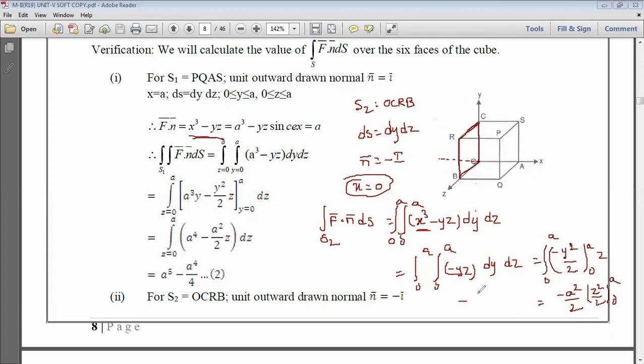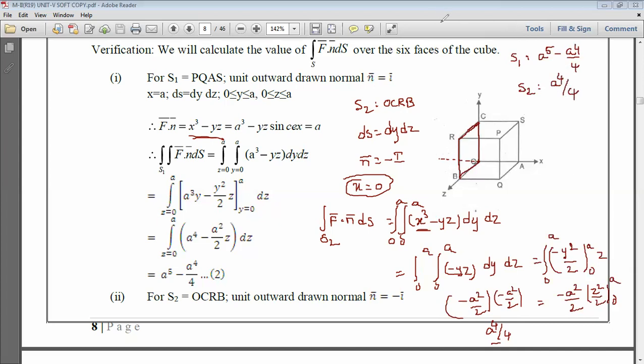And then simply we get minus a square by 2 into minus a square by 2, so that is nothing but a power 4 by 4. So the first surface S1 we got a power 5 minus a power 4 by 4, and the second surface is a power 4 by 4.